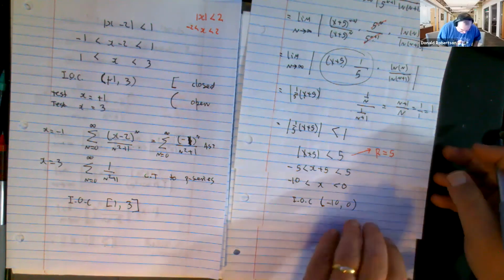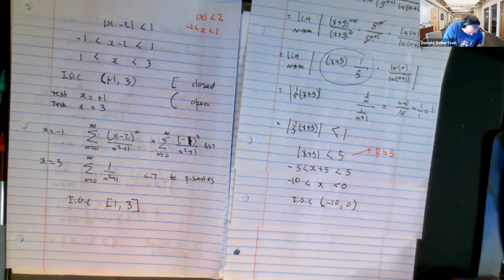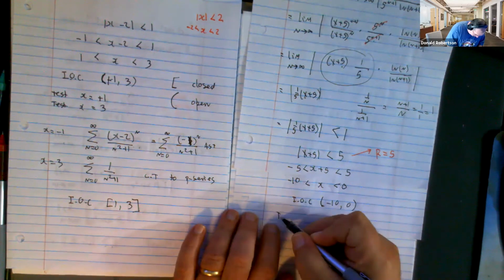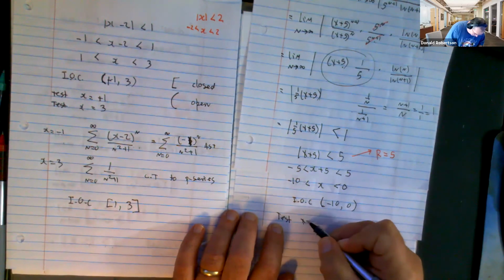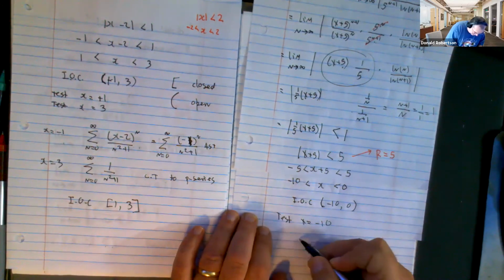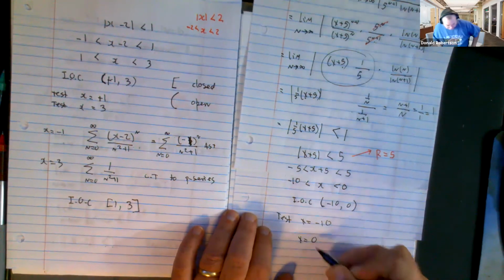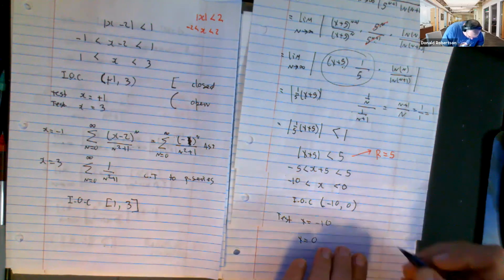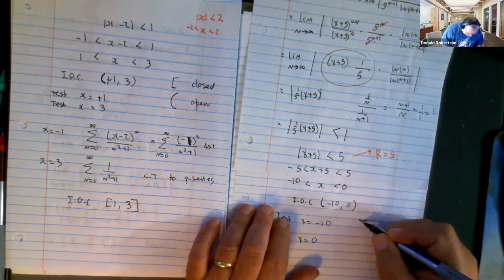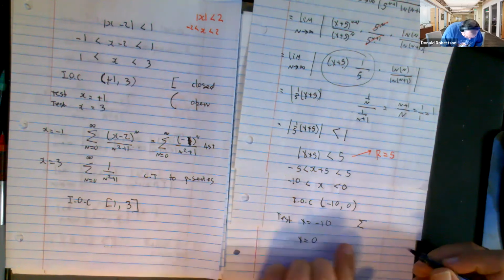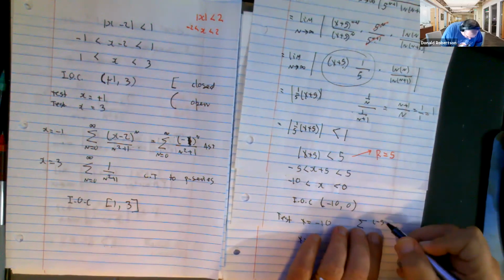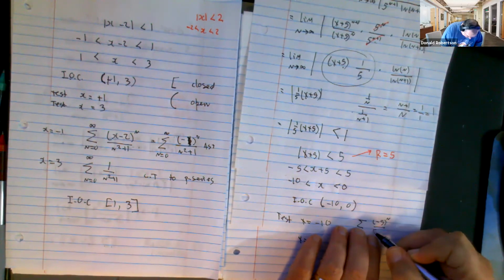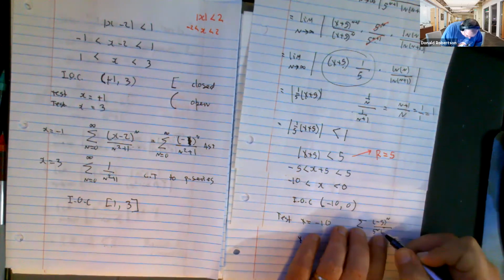Now, what we would need to do to finish this is, shouldn't we be testing x equals -10 and x equals 0, right? Wouldn't that be the two guys that we would be testing to see what happens? Now, I'm going to just cut a lot of corners here. If you plug in -10, you get (-5)^n over 5^n log n.